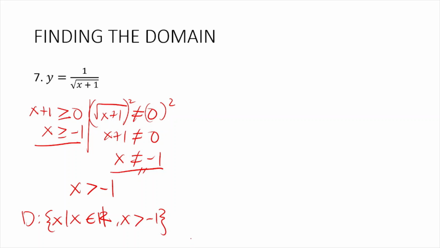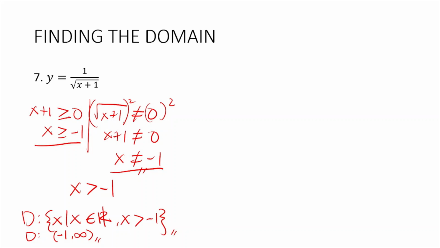Or using interval notation, the domain is from -1, excluding -1, to positive infinity. So this is the domain for this particular function.